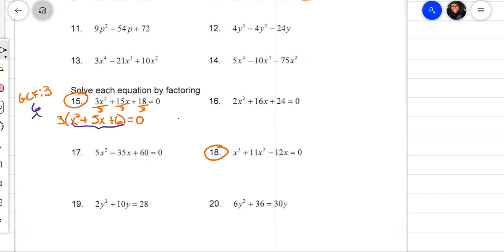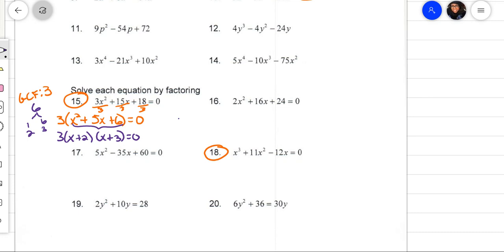The only factors of 6 are 1 and 6, and 2 and 3. 1 plus 6 is 7. 2 plus 3 is 5. So that's the pair. So it's the 3 and then x plus 2, x plus 3.